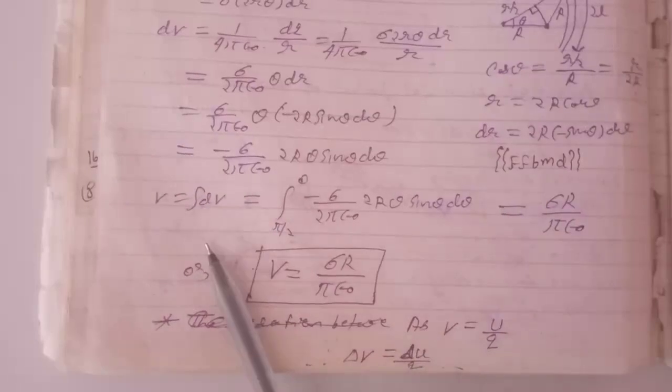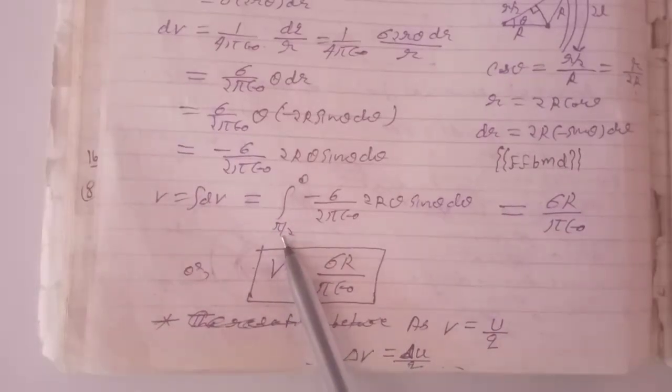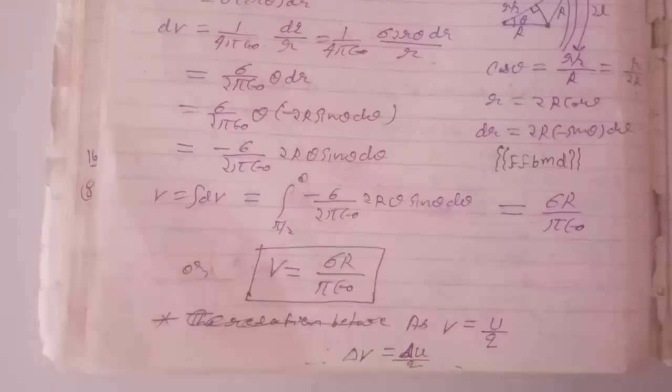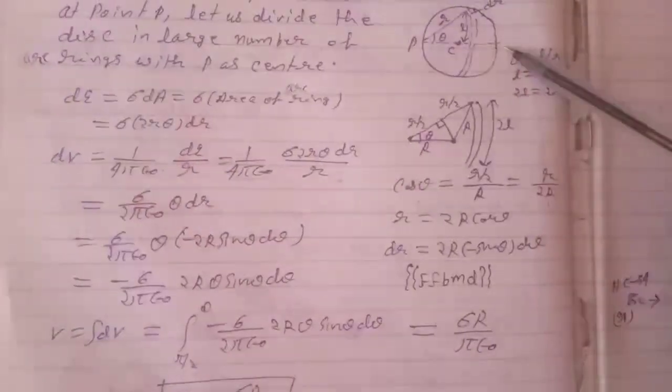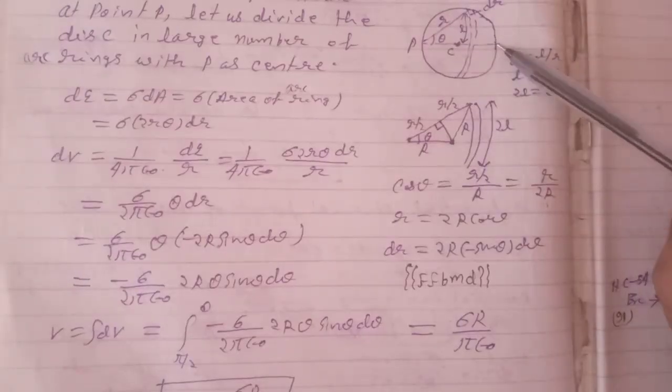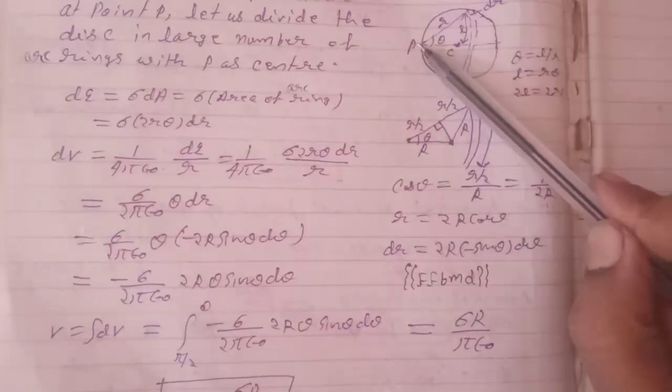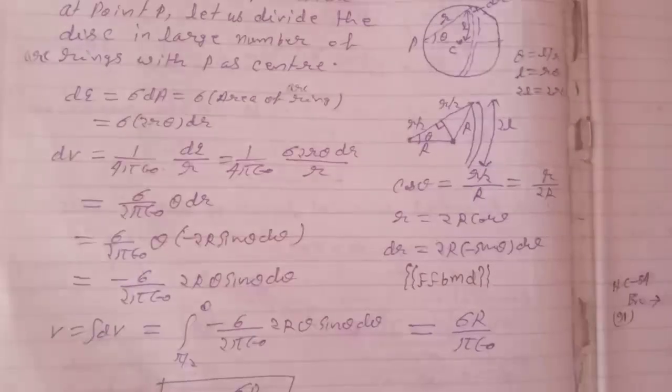So V will be the integration of dV from pi by 2 to 0, because when the arc ring is here, theta is 0, and when it is here, theta is pi by 2.